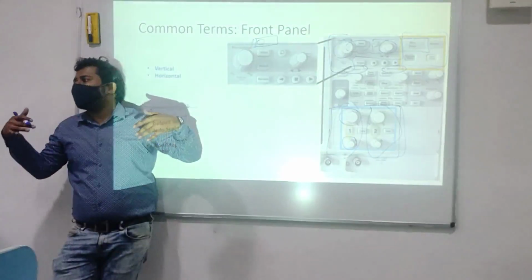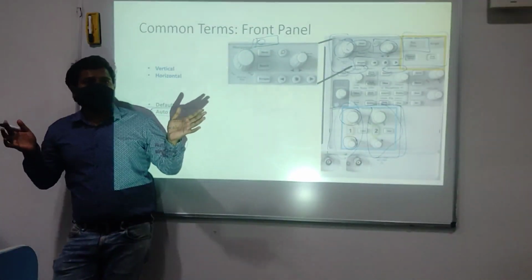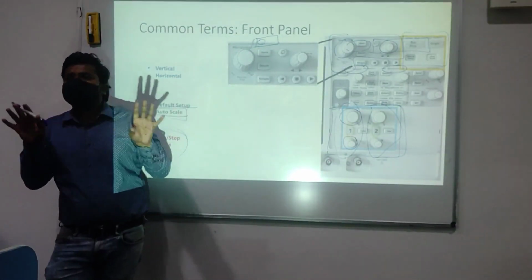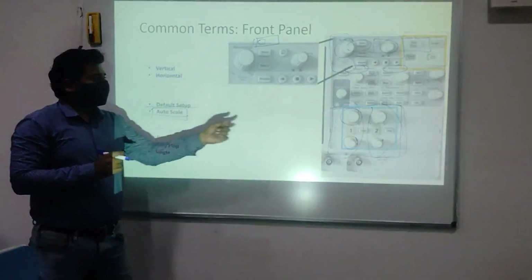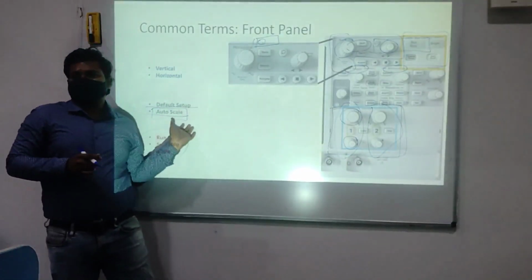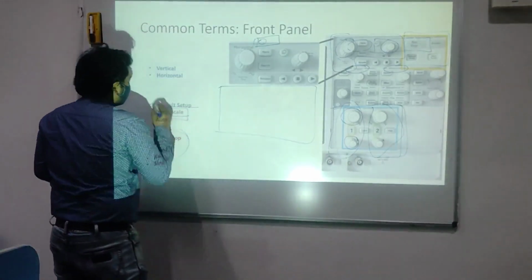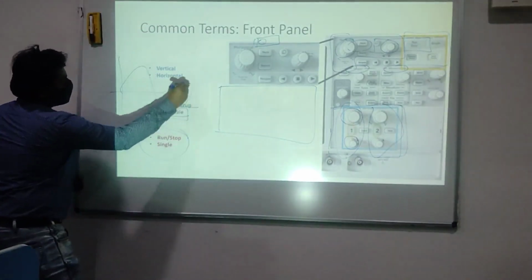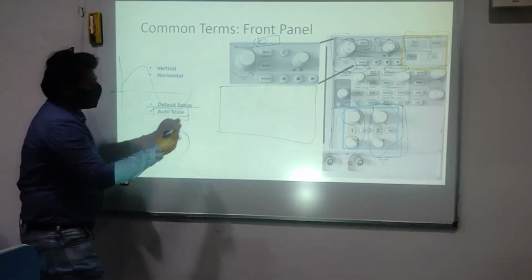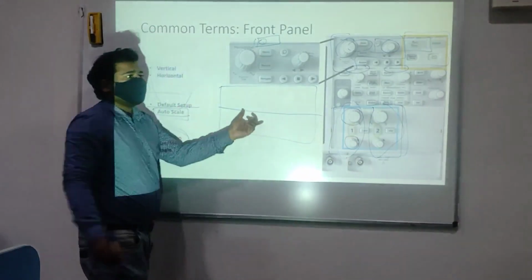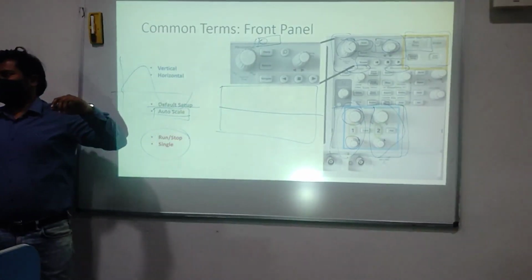It might not be correct every time, but it will save some of the initial time once you start playing with these buttons. So this will automatically do that. What it does: you have this sinusoidal as the input. Now on your screen right now, for example, you are getting this line.